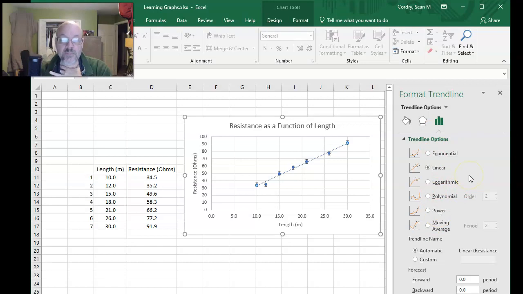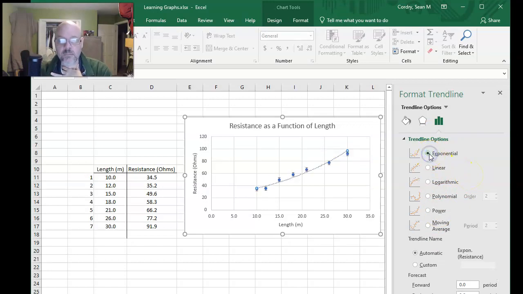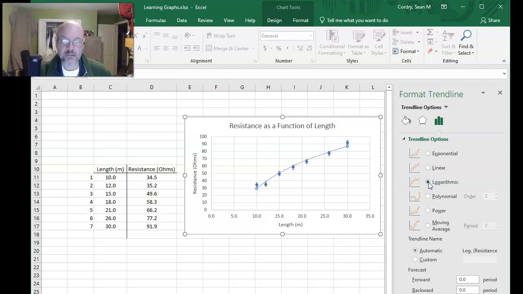Our model might predict an exponential outcome, and we'd look at this and say, it doesn't fit the data very well. Or our model might predict a logarithmic outcome, and that doesn't look too bad. Or a power law. Moving average, we don't want that one. Anyway, linear is what we want for this one.